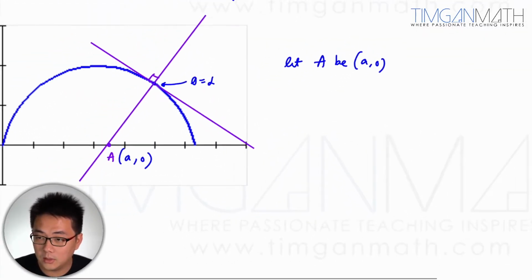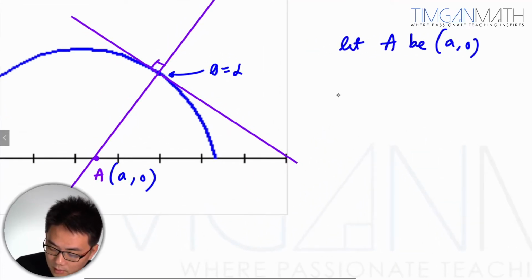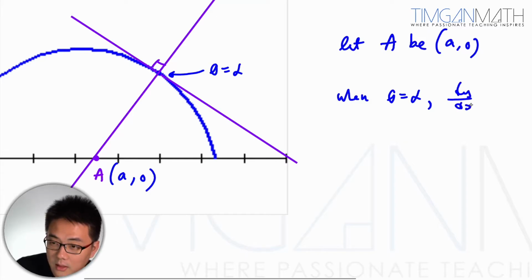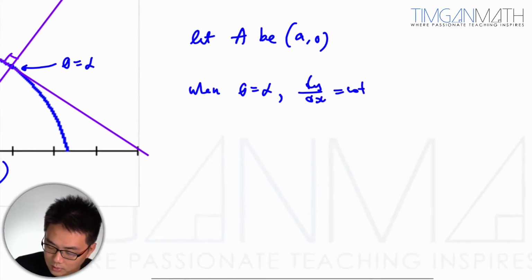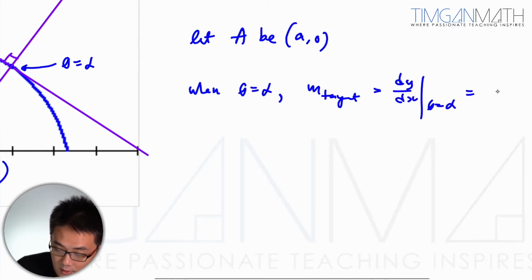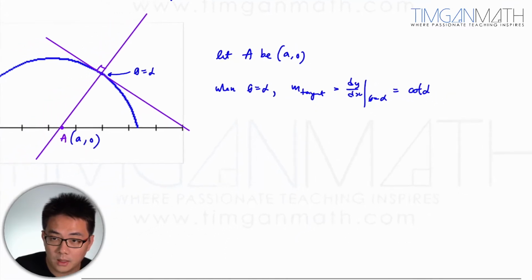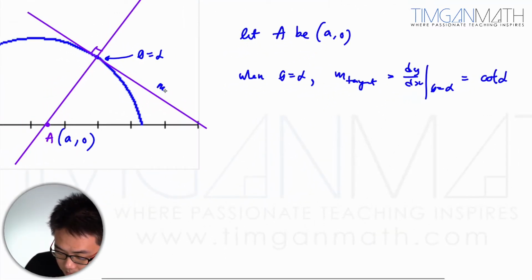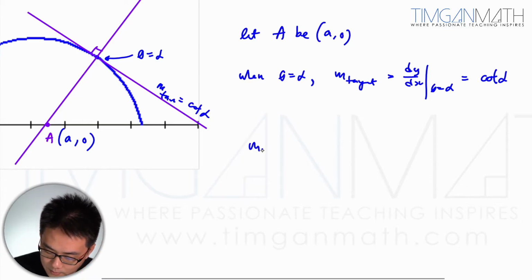All right, so let's see. When theta equals alpha, we know that dy/dx is cot. Or rather, m tangent is equal to dy/dx when theta is equal to alpha, which is cot alpha. So this gradient here is cot alpha. So m normal multiplied by m tangent is equal to -1.